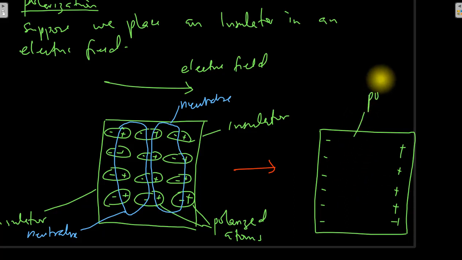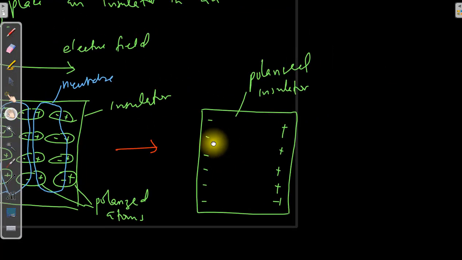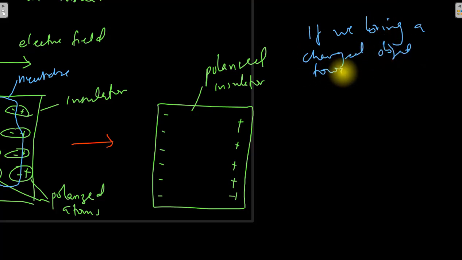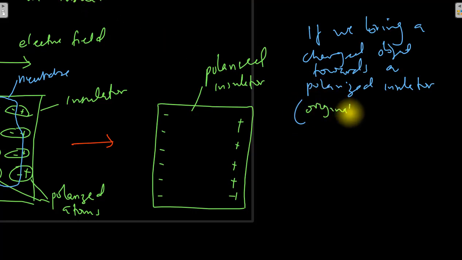So this one here is now a polarized insulator, and because this insulator is polarized, if we bring a charged object towards a polarized insulator, it's very important to see here that it was originally neutral. Then there will be attraction.